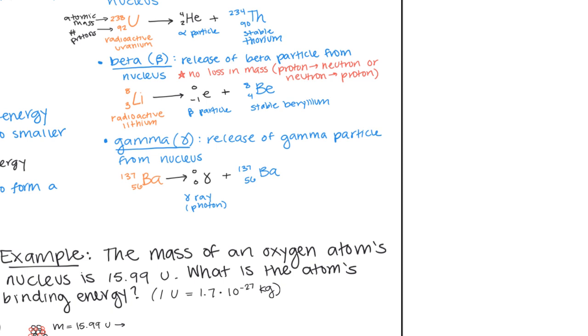Again, notice how the number of protons didn't change. It's still a barium atom, and the number of particles, aka its mass, did not change. It just lost a photon to go from radioactive to a stable isotope of barium.